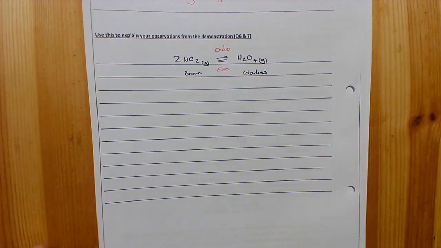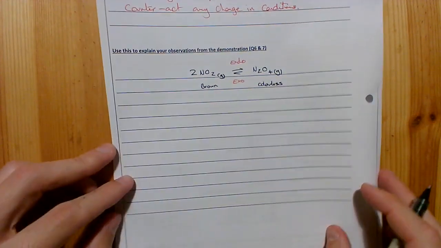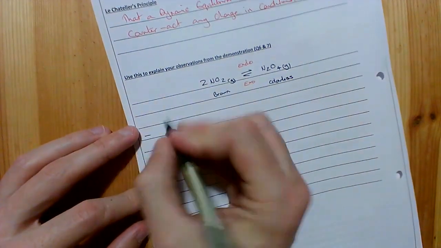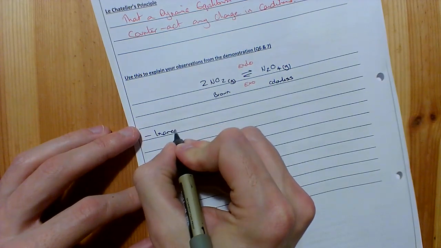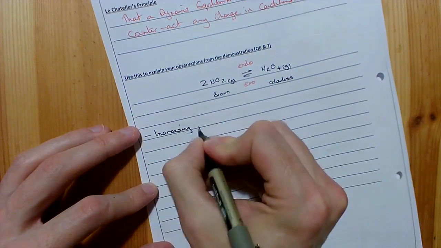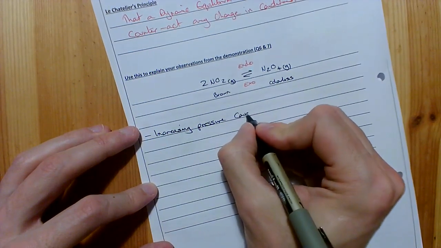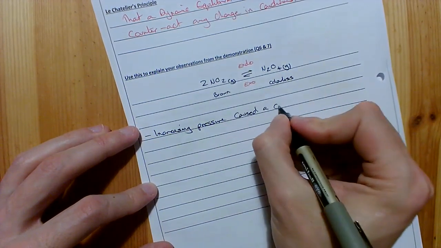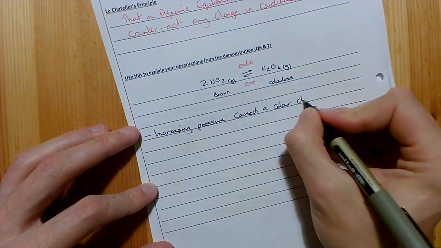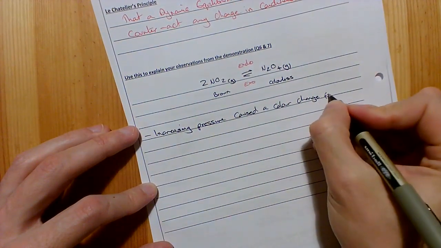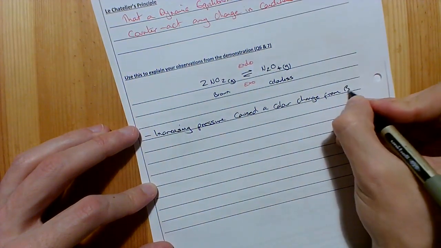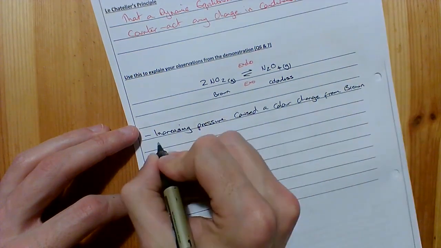So we started with, we increased the pressure. That was our first observation. So increasing the pressure caused a colour change from brown to colourless.